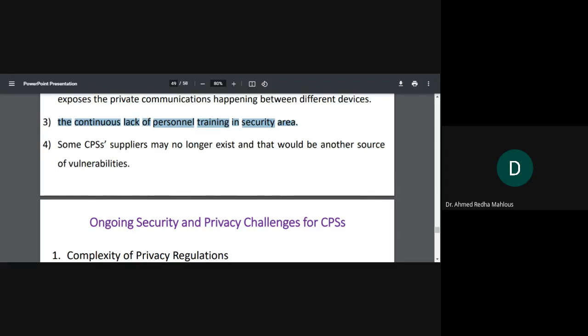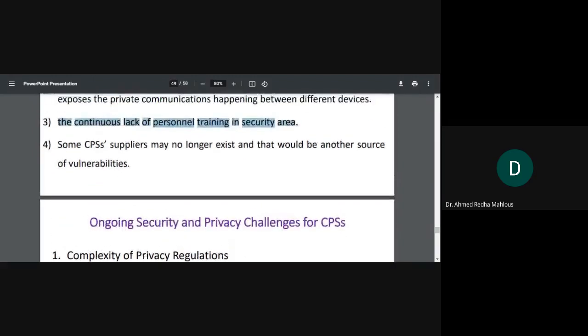That company is no longer running its business, and you cannot find who will supply you with a part of that device, or who will advise you, or who might give you some component that will allow your CPS device to connect to the internet, and so on. This is another source of inabilities.